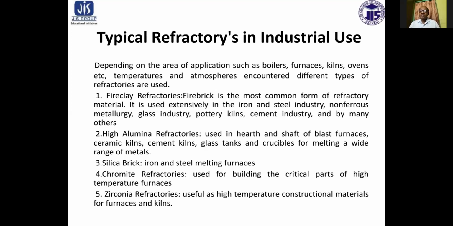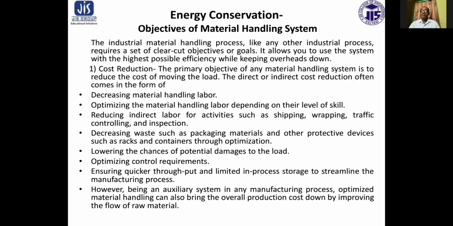Chromite refractories are used for building the critical parts of high temperature furnaces. Zirconia refractories are useful as high temperature constructional material for furnaces and kilns. So these refractory materials are very useful and helpful for conservation of energy.